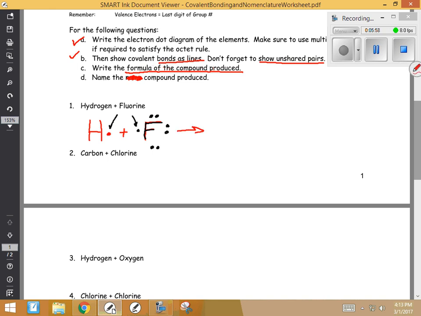These react to form this compound. Further, we can draw that like this. Okay? And now we need to name it.